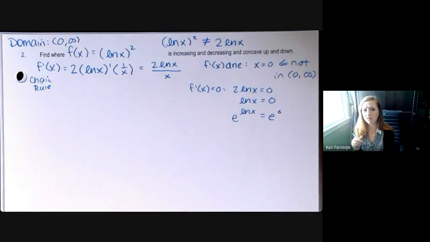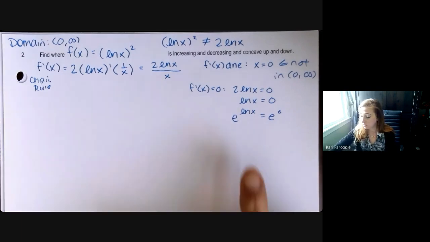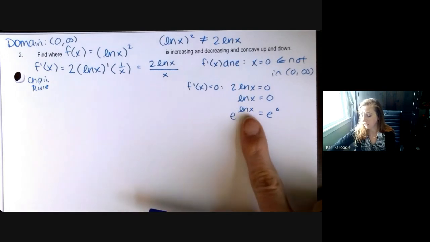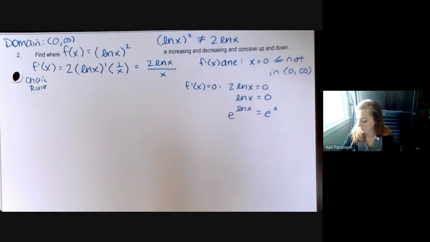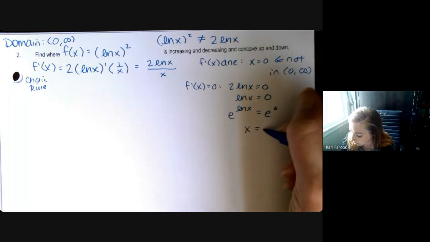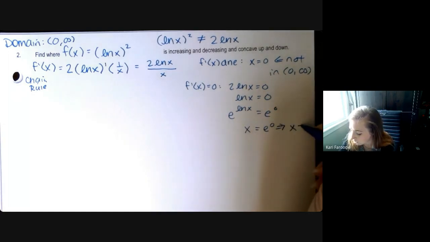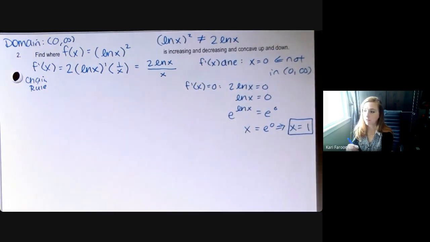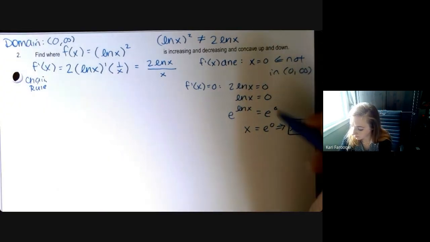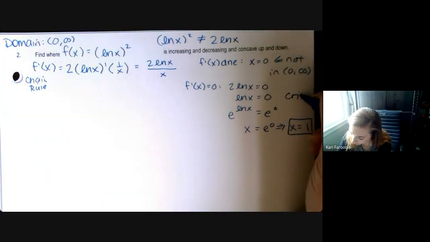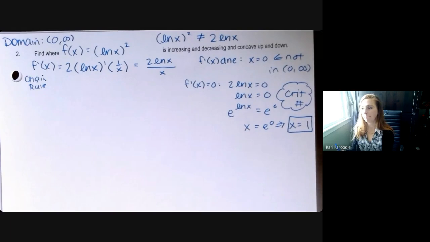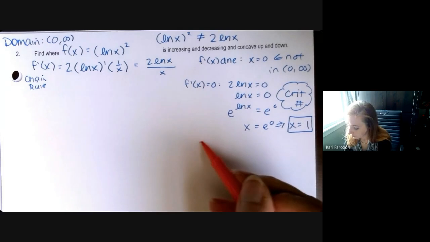We did this in 5.2, I'm almost positive. If we did not, you at least learned the property that e to the ln x was x. So now you can say that x is e to the 0. And e to the 0, well, any real number to the 0 power is 1. And this is going to be a critical number. So that's your critical number. You found it.